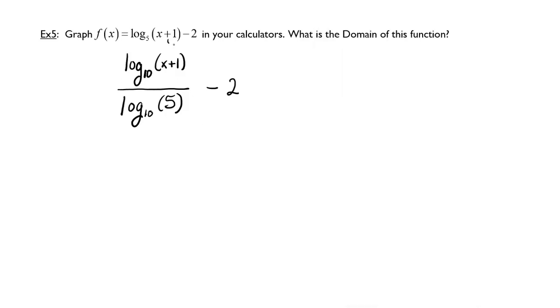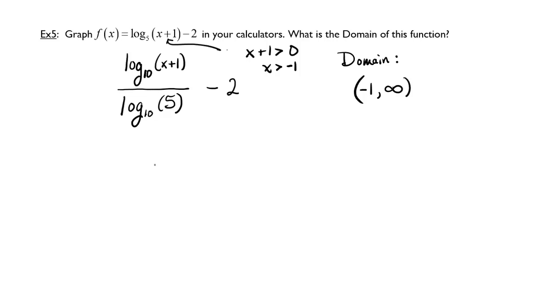So we know that our function must be positive, so x plus 1 must be greater than 0, and therefore x must be greater than negative 1. So the domain of this function exists, open paren, negative 1, comma, to infinity, close parenthesis.